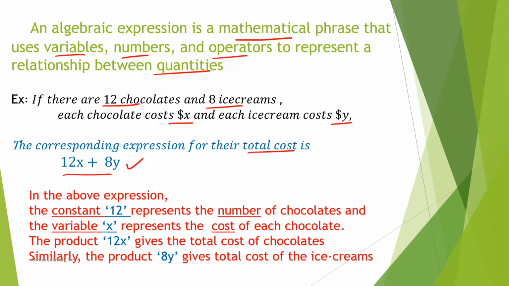Here, we are translating word by word a statement in English into a mathematical expression. So in this expression, 12 is called the constant and x is the variable. So 12x would be the total cost of the chocolates, and 8y would similarly give us the total cost of the ice creams.